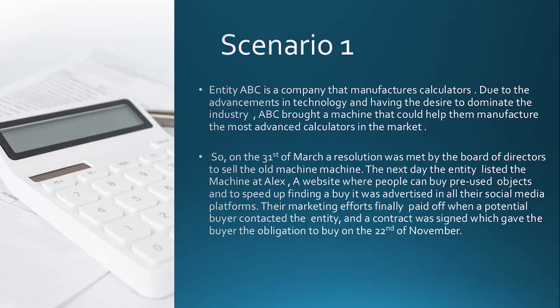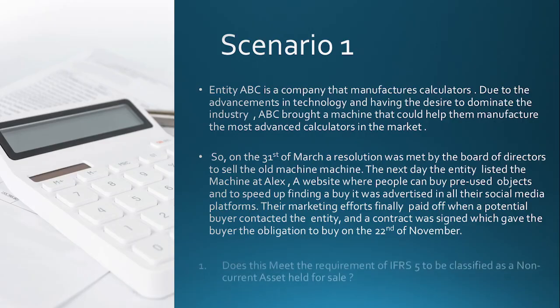And then on the next day, the entity listed the machine at Alex. Now, Alex is a website where people can buy pre-used objects. And because they want to speed up finding a buyer, they advertised this machine on all their social media platforms. And because of their marketing efforts, all of this finally paid off when a potential buyer contacted the entity and a contract was signed that gave the buyer the obligation to buy on the 2nd of November.